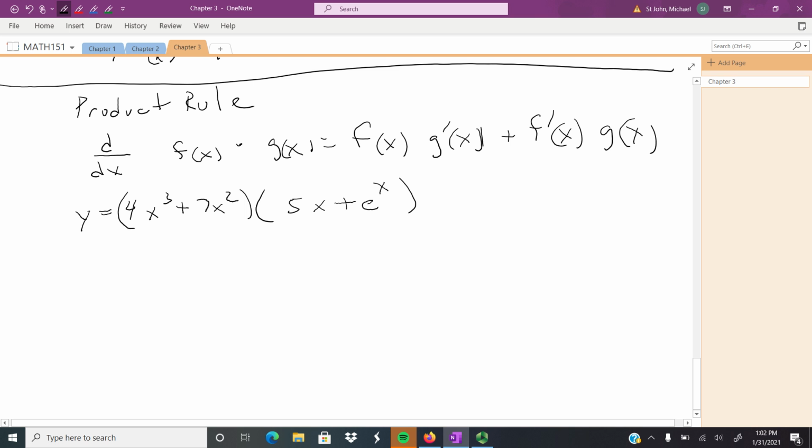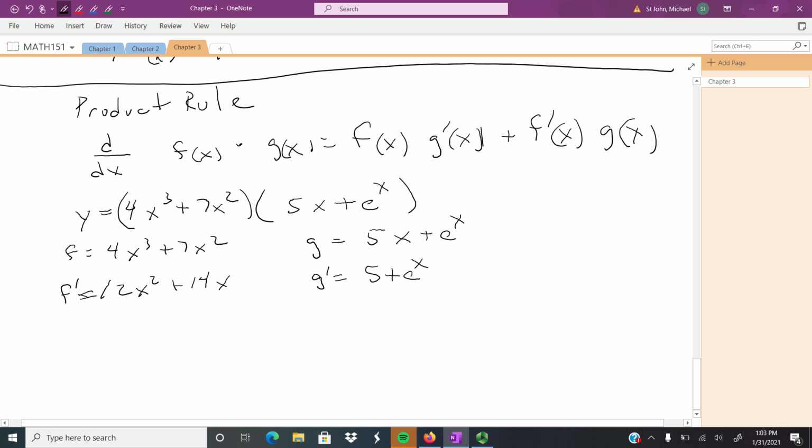So I'm going to break this into pieces. f is going to be the 4x cubed plus 7x squared. g is going to be the 5x plus e to the x. The derivative of f is going to be 12x squared plus 14x. And the derivative of g is 5 plus e to the x.